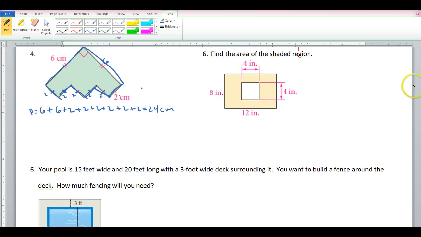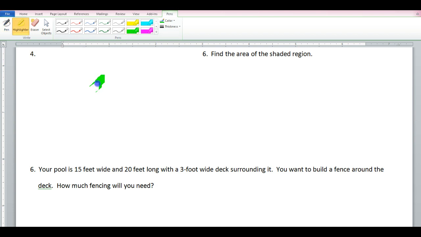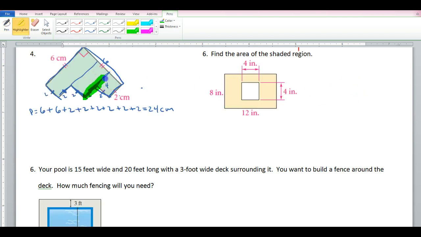Okay? Now when you go to find the area of this, you can break it up into several different rectangles. I think this might be the easiest. For this one, I would just multiply 2 times 2. That area would be 4. This would be 2 times this piece here. When I look, this piece here is going to be 2 times 4, it's going to give you 8.